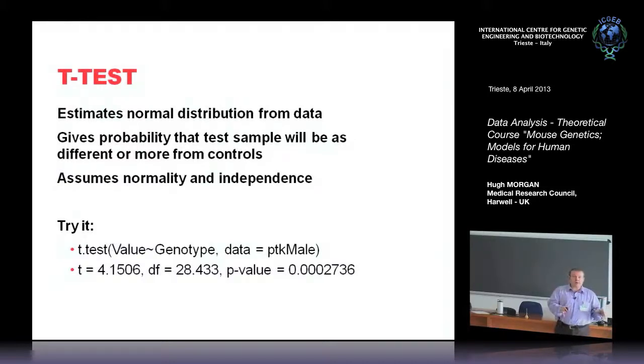it estimates from all the data what a single normal distribution might look like that this would be derived from, and then it gives you a probability that, given that this is just one distribution, as in there is no effect of the mutation, what's the probability of getting the test and control populations as far different as we really see, as in the bars on that graph.